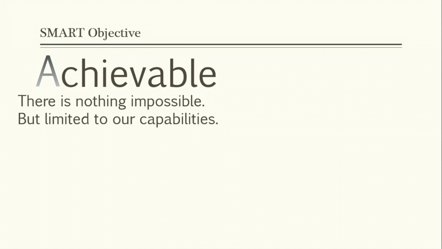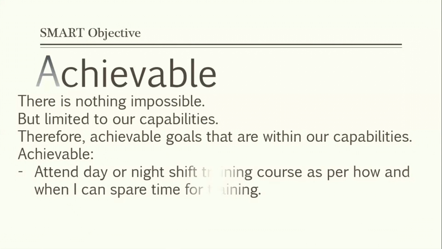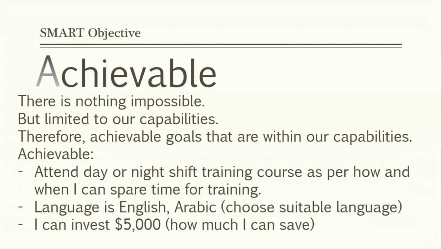Therefore, when we are planning a SMART objective and would like it to be achievable, we have to think about our capabilities and what limits we can provide in order to make the right decisions and have the right investment for our objective. As an example, I would be achievable, attending day or night.